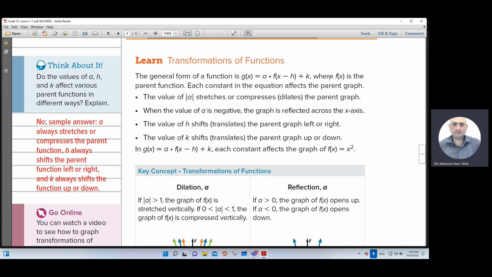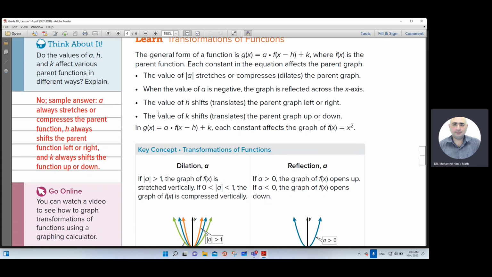Where f(x) is the parent function, h is a constant in the equation, and the value of the dilation stretches or compresses the parent graph.